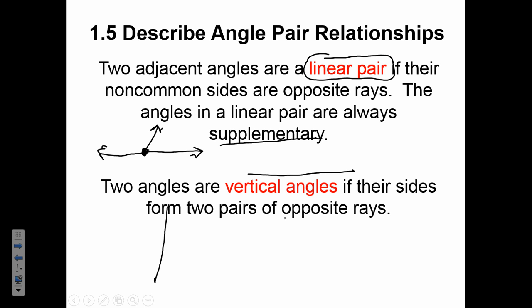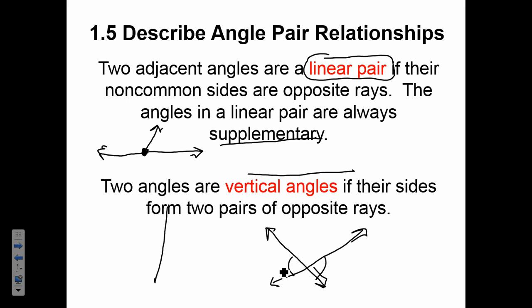A vertical angle, though, is when the sides of two angles are opposite rays. Another way of stating that is to draw two lines that intersect each other, and the vertical angles are on opposite sides.